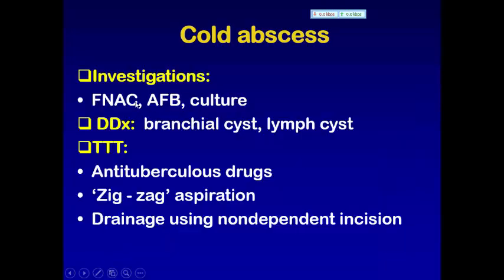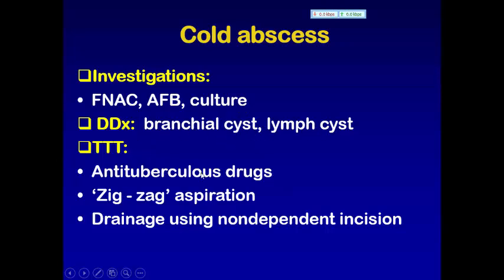The required investigation: fine needle aspiration cytology, and also investigation for acid-fast bacilli in the abscess. Also, the abscess should be sent for culture and sensitivity. Differential diagnosis from branchial cyst and from lymphatic cyst.